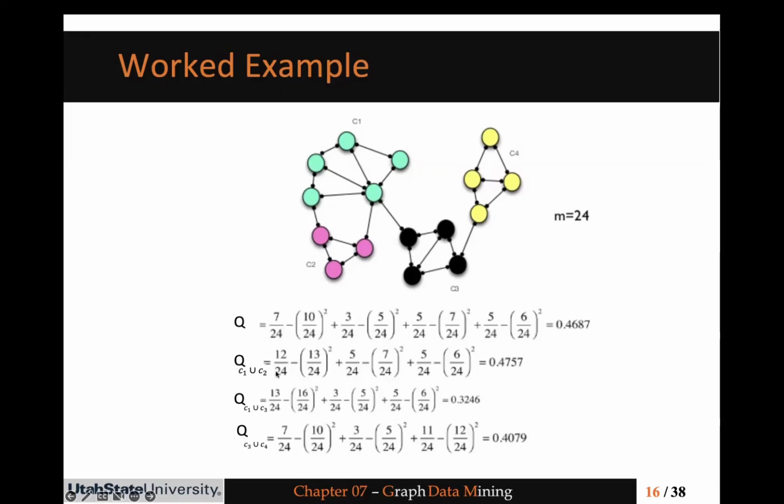And therefore, my B factor of modularity when I join C1 union C2 is 13 over 24 squared for my very first cluster of C1, C2. Okay, great. Now, the other two factors that we have here remain the same because I did not make any change to my black nor the yellow community.